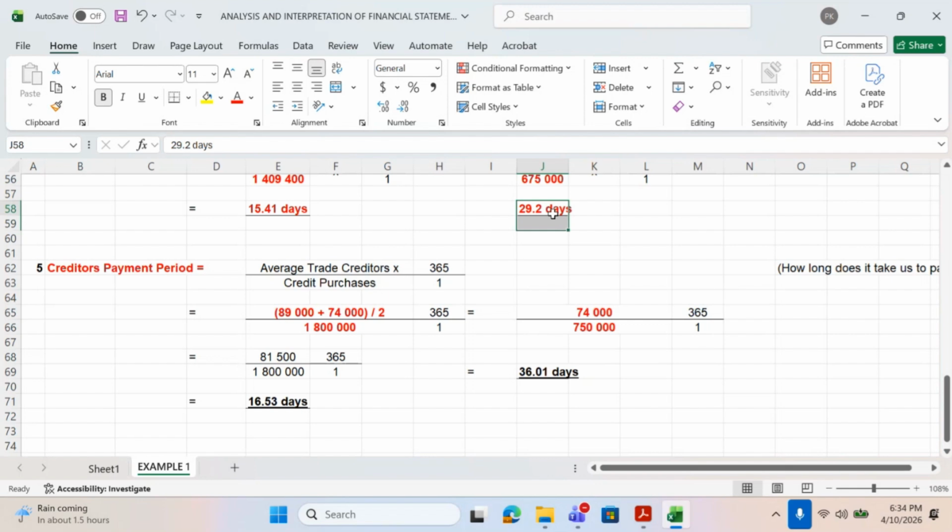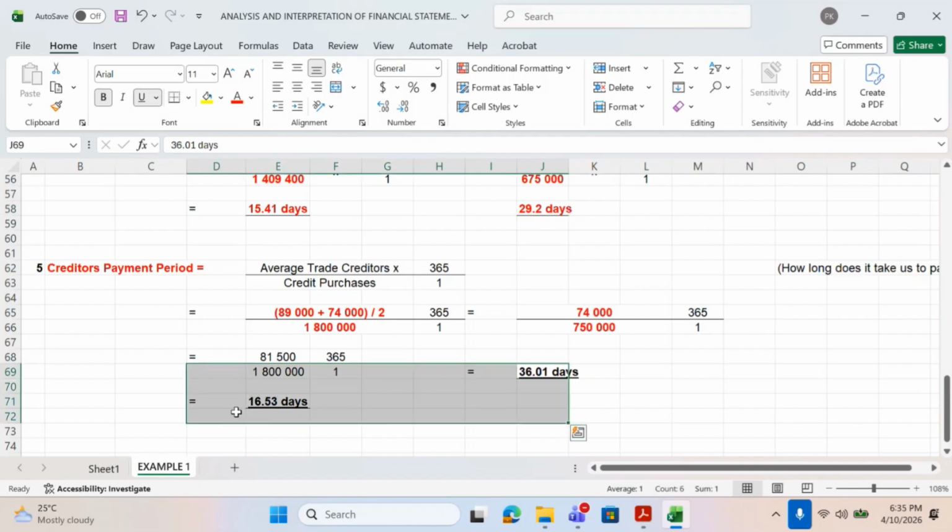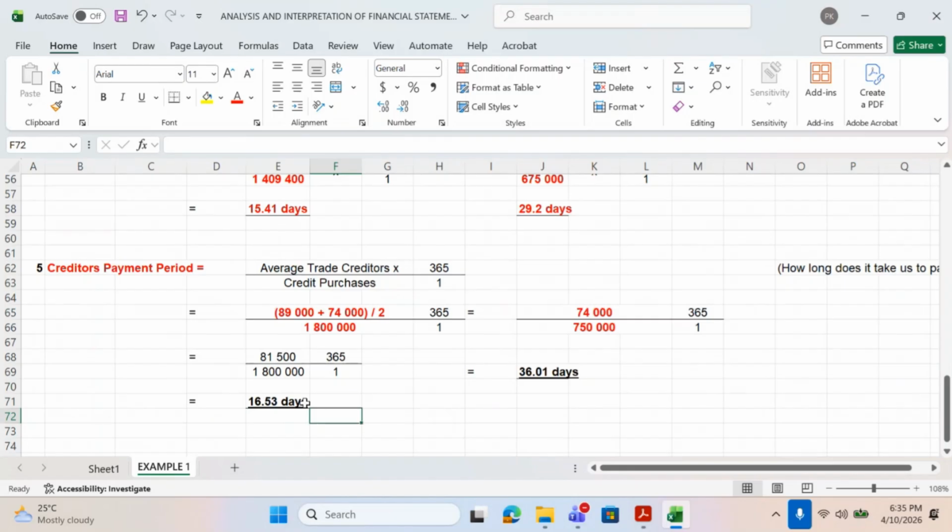I was collecting within 29 days, then I pay after I have collected in both years, which is good. But I also tried to reduce the number of days it takes me to pay my creditors. So for this one, we can say it's good. There are more reasons to say it's good than saying it's a decline, right?